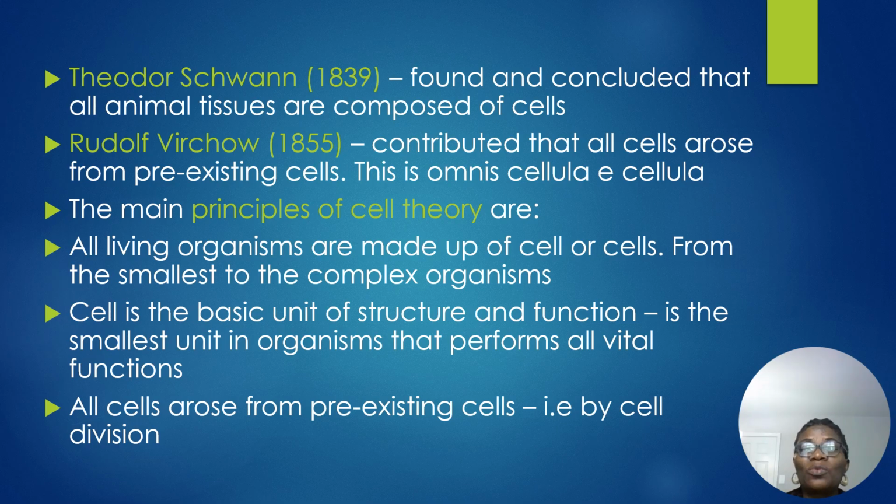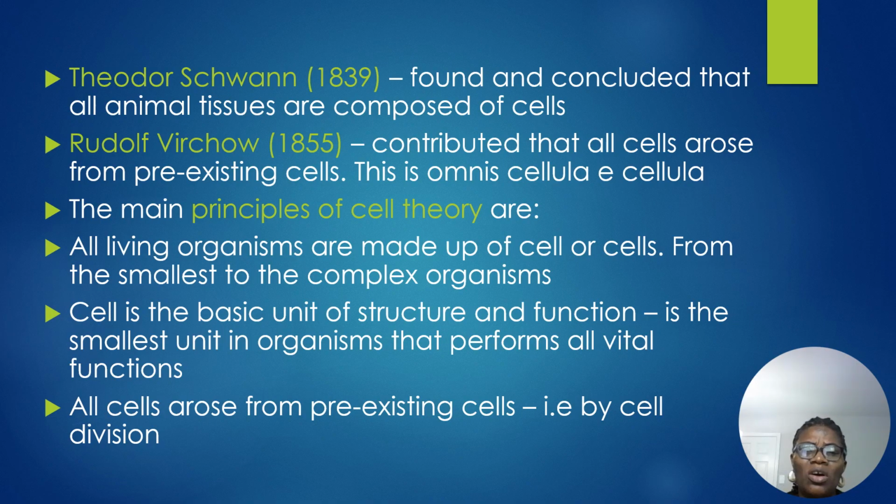That is, there is a pre-existing cell that a cell must have arisen from, and this is referred to as omnis cellula e cellula. That is what Rudolf Virchow in 1855 concluded.